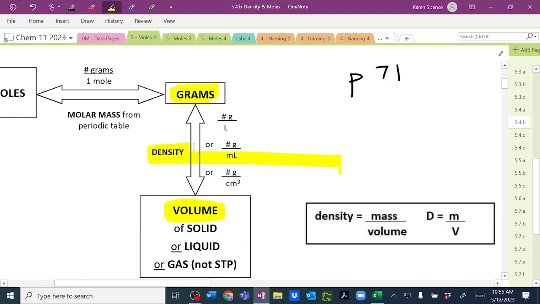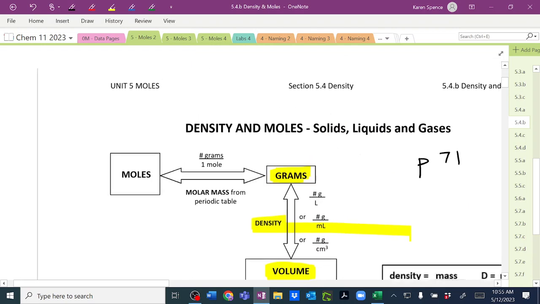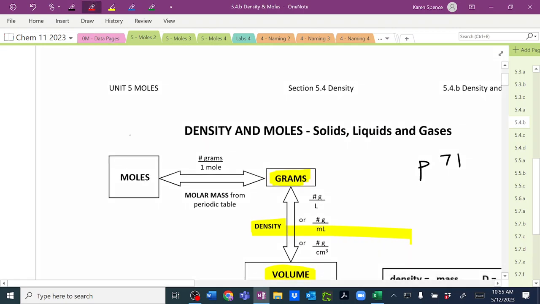And this is not volume of an aqueous solution. What would we use to convert from moles to volume of an aqueous solution? That would be molarity, the moles per liter.